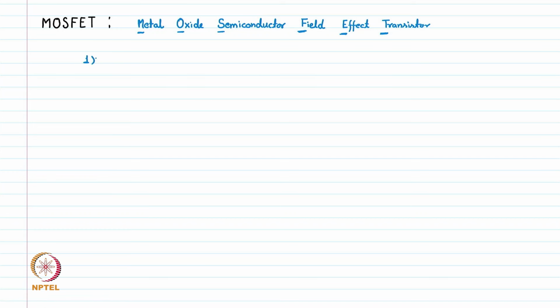So the first is, the MOSFET is the most commonly used field effect transistor.